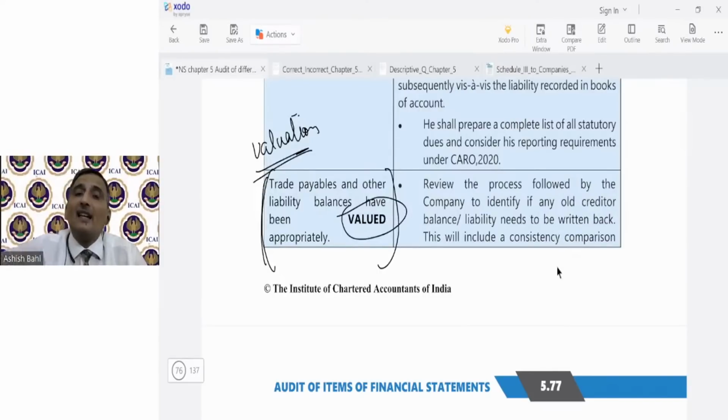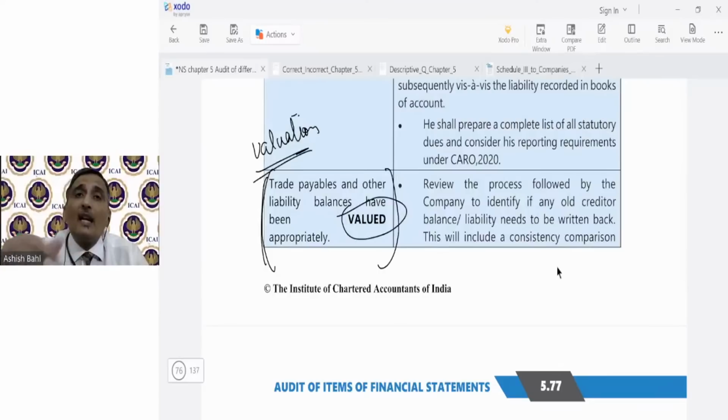Similarly in case of trade receivables, we had studied that some old trade receivables are outstanding. Then there the company had to make a provision for doubtful trade receivables, or it may have to write off those trade receivables, because in case of trade receivables it was a loss for the company because the amount was not expected to be received.